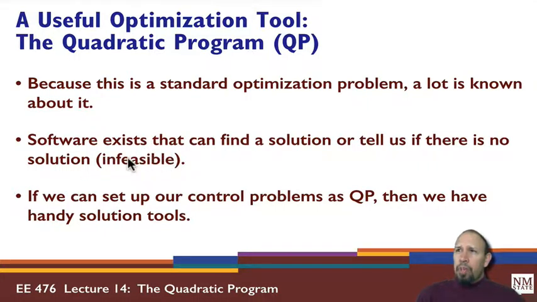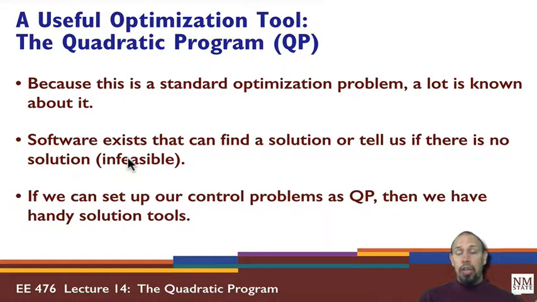So it's like, oh, dang, no solution. Well, sometimes knowing there is no solution is helpful. Then you can stop searching. So for example, suppose you say, I want to settle within 0.1 seconds and I want control magnitude less than 10. The quadratic optimization problem comes back and says, sorry, there's no solution to that.